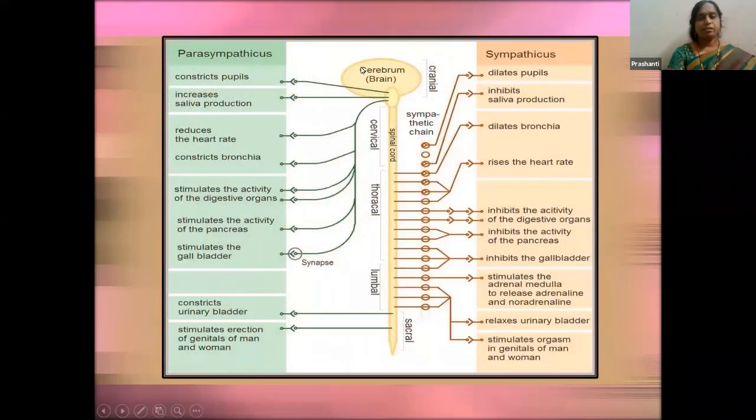And here, these are the various changes, children, in the eye, saliva, the respiratory system, our heartbeat, our digestion, our adrenal medulla, and also the urinary bladder. What happens? The sympathetic neural system helps when our heartbeat increases when we are in tension, whereas the parasympathetic organs are activated when we are in a relaxed state.